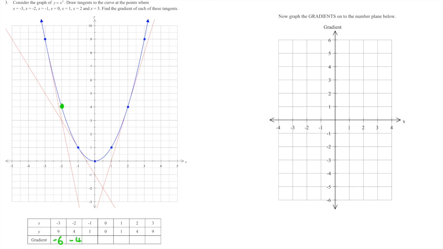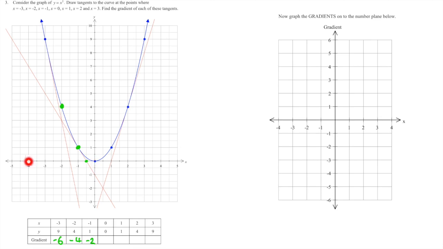You have to trust me on this. If I go to the next point at x equals -1, so there it is there, -1, 1, I could use those 2 points because you can see my tangent coming down here. The rise is 1, the run is 1/2, 1 over 1/2 is 2, and it's going downhill, so it's -2.